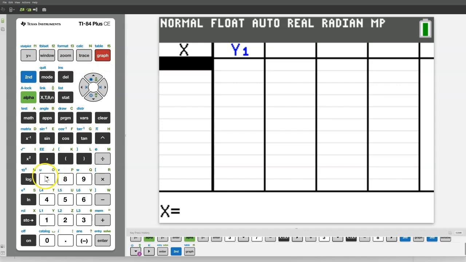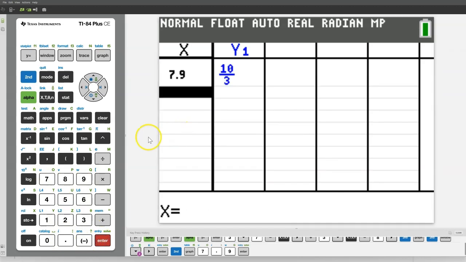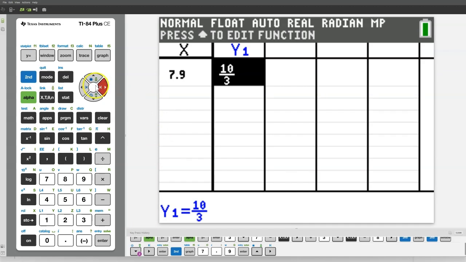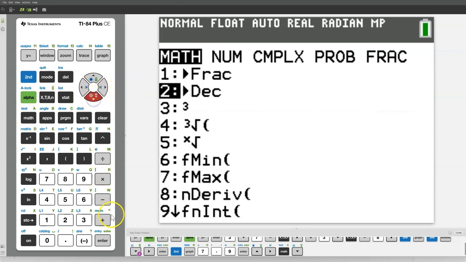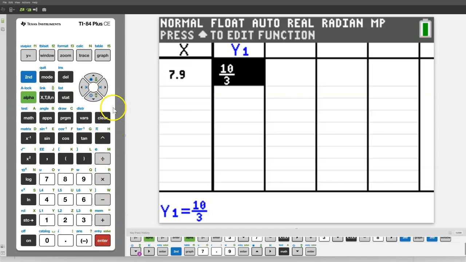So why don't I plug in 7.9, which was the calculation that we did originally, and I want that to be a decimal. Let me see if it will allow me to change that to a decimal. Okay, that's not working. Let me see if I can fix that really quick.